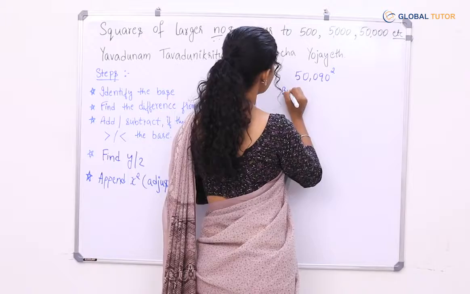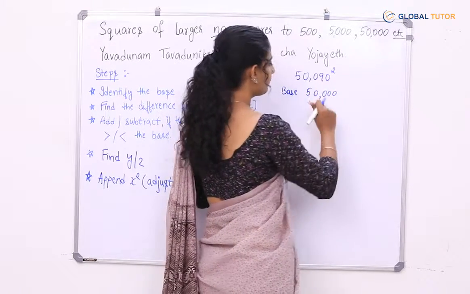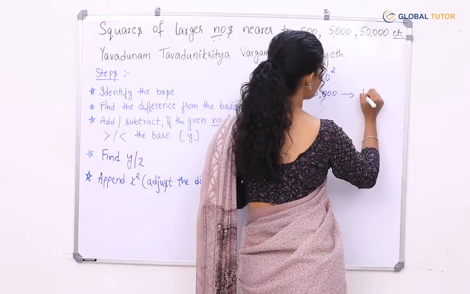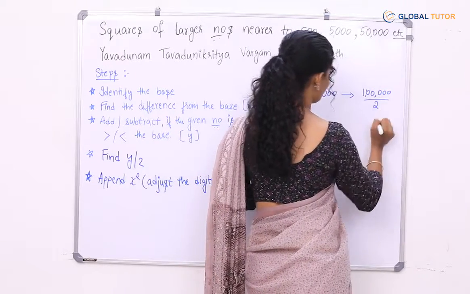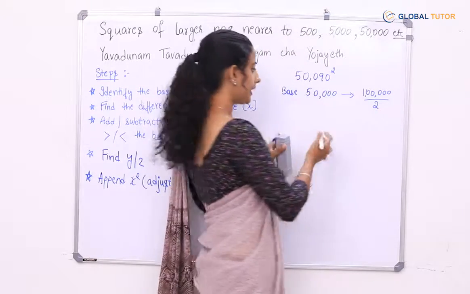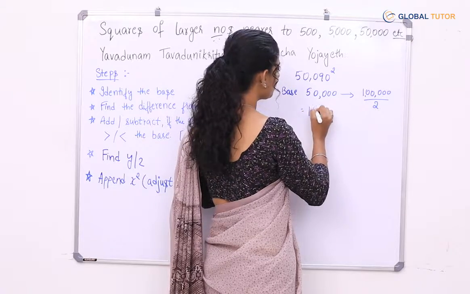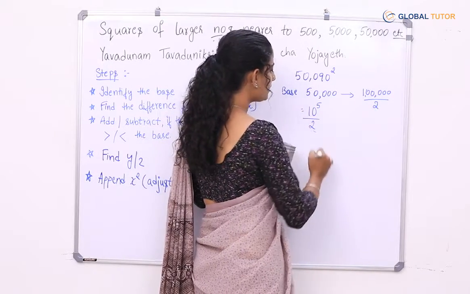Base can be 50,000 because this is close to 50,000. And 50,000 can be written as 1 lakh divided by 2. And 1 lakh has to be written in the form of 10, so this will be 10 to the power 5. So, 10 power 5 divided by 2.